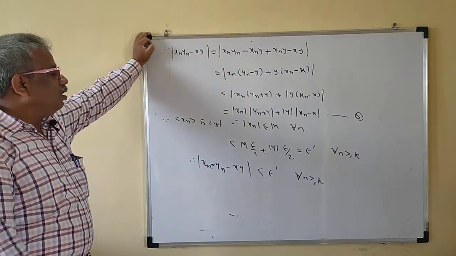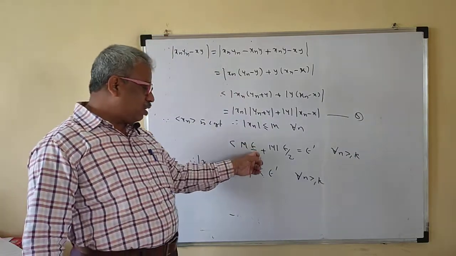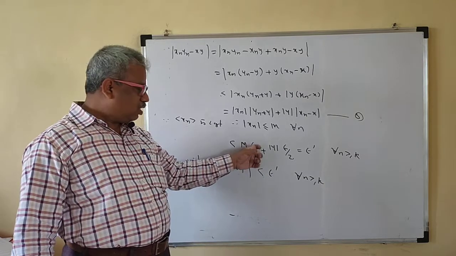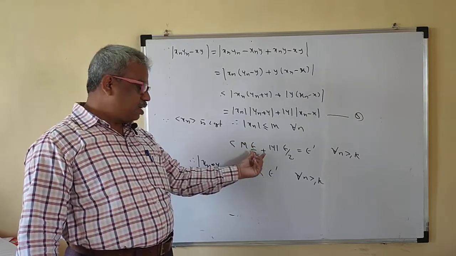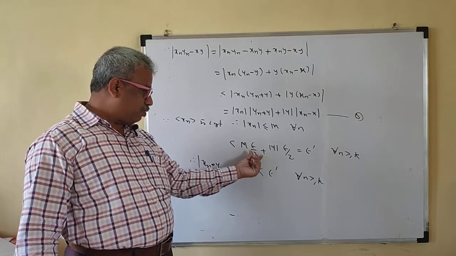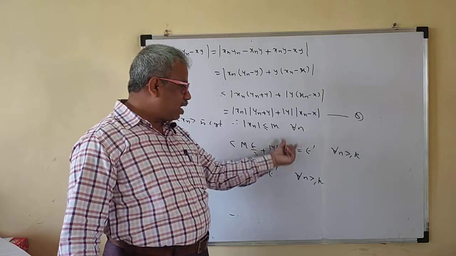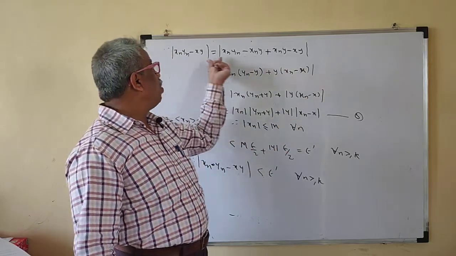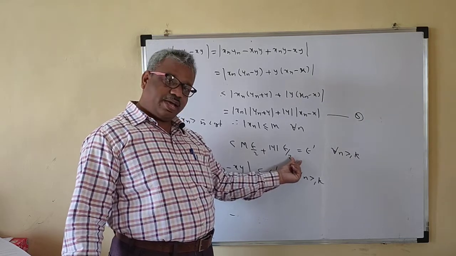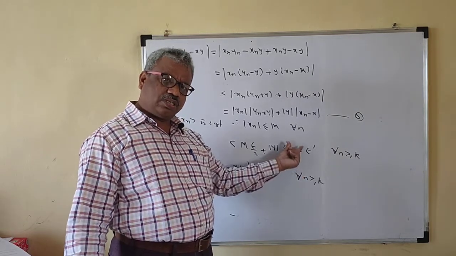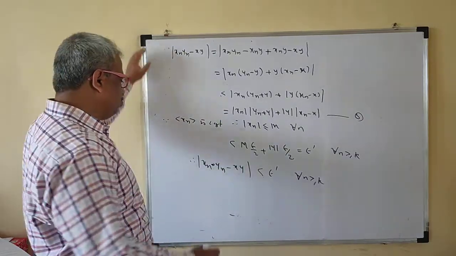Epsilon is very small, so in the definition you may write epsilon upon 2M instead of epsilon upon M. Because of the factor 2, you can take this as twice M. And for mod y, you can take epsilon upon 2 times mod y, because this is also very small. So you can take this as epsilon dash for us.